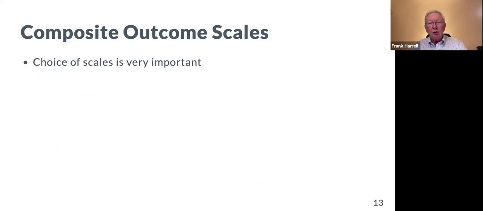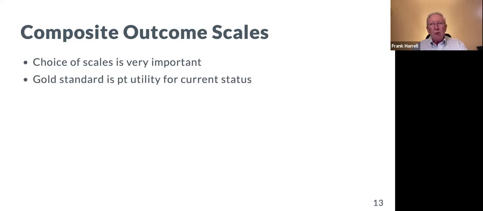Now, there are several issues that are interesting to study about composite outcome scales. Of course, the choice of scales is very important, as is the sensitivity to the disease process and the importance of what the scale is measuring to the patient. I would argue that the gold standard for how outcomes should be analyzed, when outcomes are varied and there are several possible outcomes, is to do patient utility analysis.